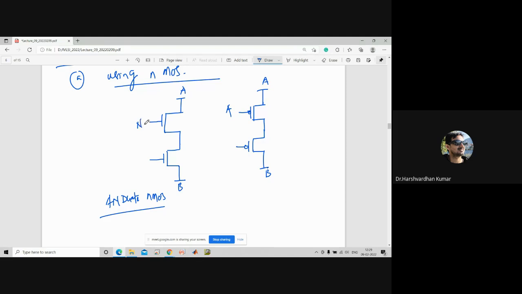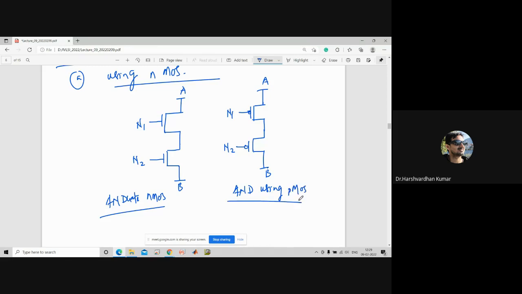So it will be N1. If I am wrong somewhere, then you should remind me. You should correct me. Okay. So now here it will be N1 and N2. This is the AND gate using PMOS.